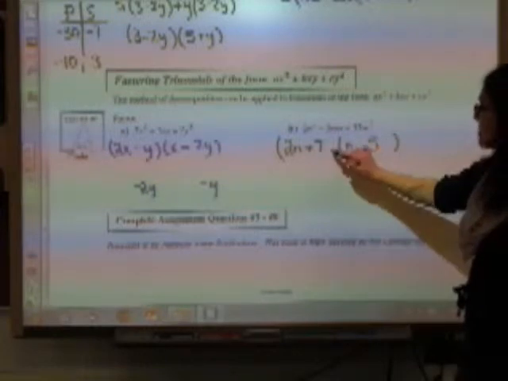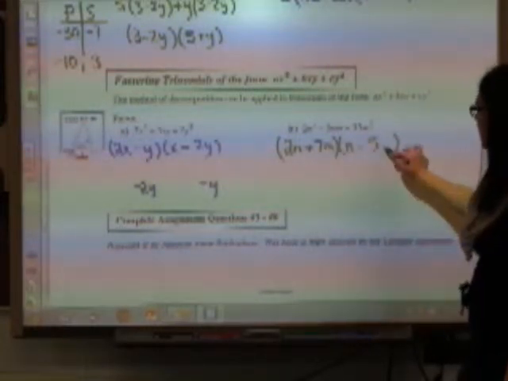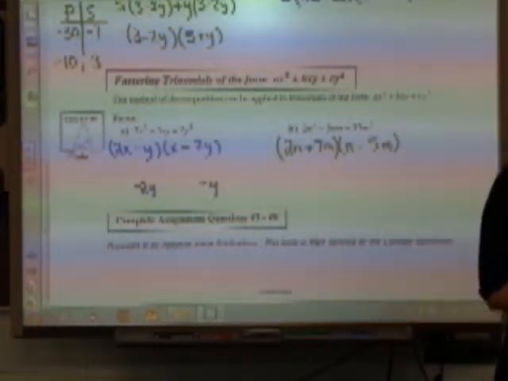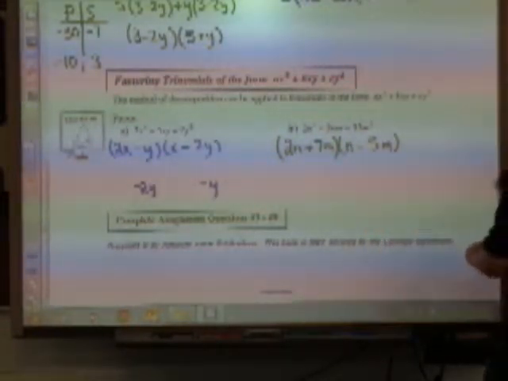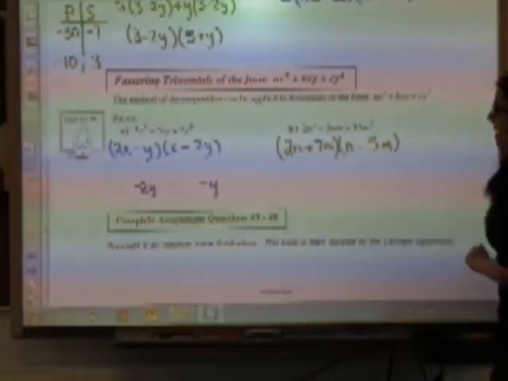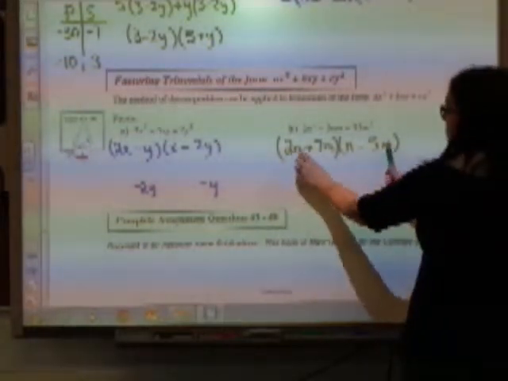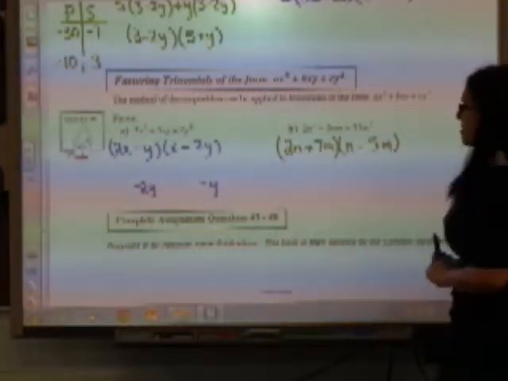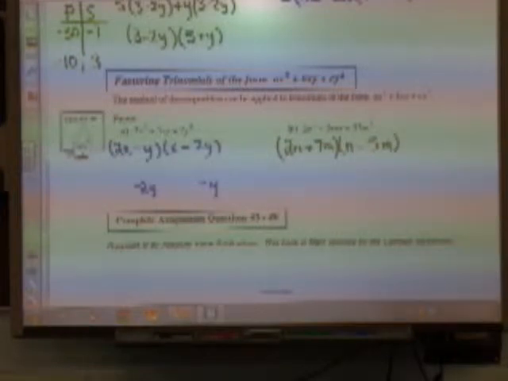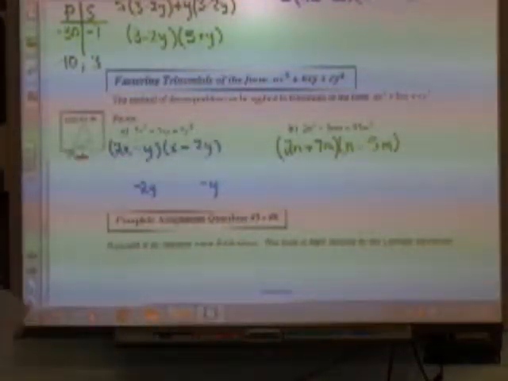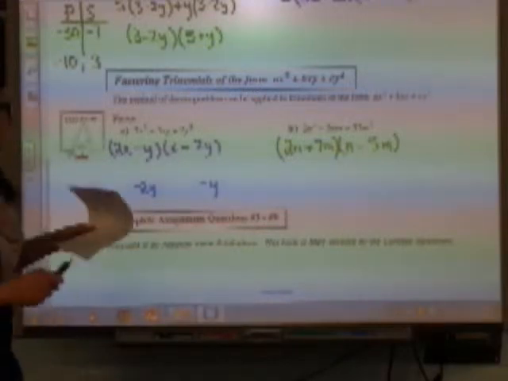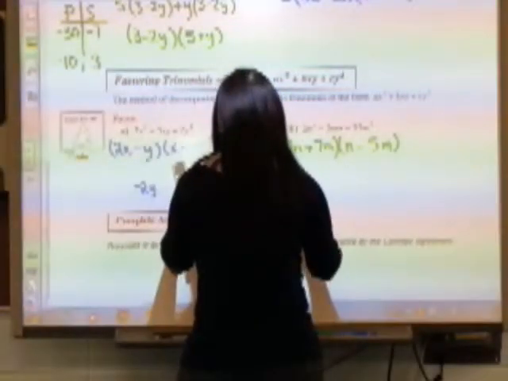And then to get the m squared, this would have to be m, and this would have to be m. There's my negative 35m squared. There's my 2n squared, negative 10 and 7. There's my negative 3nm.